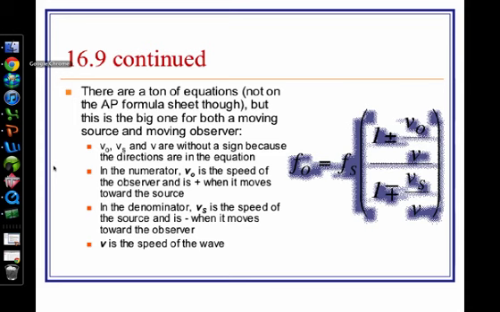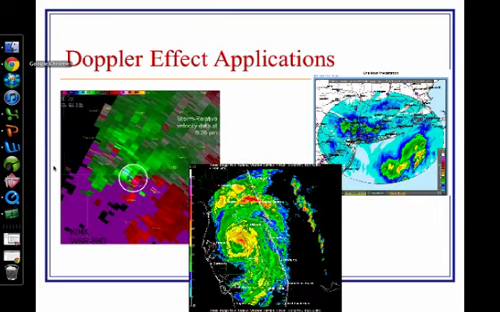One of the most common Doppler effect applications is in weather, and I think you hear this all the time when they say, oh, let's go to our Doppler radar. What happens is a radar sends out an electromagnetic wave, and that wave travels and bounces off some amount of precipitation, or what they call hydrometeors, which just refers to rain or snow or anything like that.